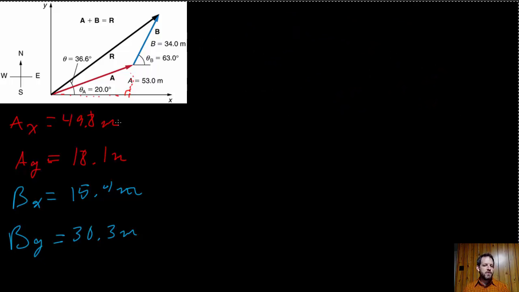So now when we add them, you just add it component-wise. So you add the x parts together, so 49 and 8/10 plus 15 and 4/10, and you end up with, we're gonna say r sub x for this r vector. When you add those together, that's, let's write that all the way out.